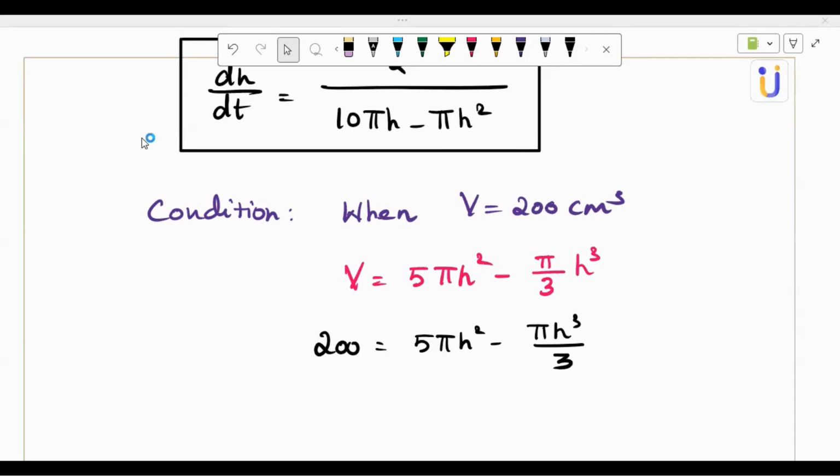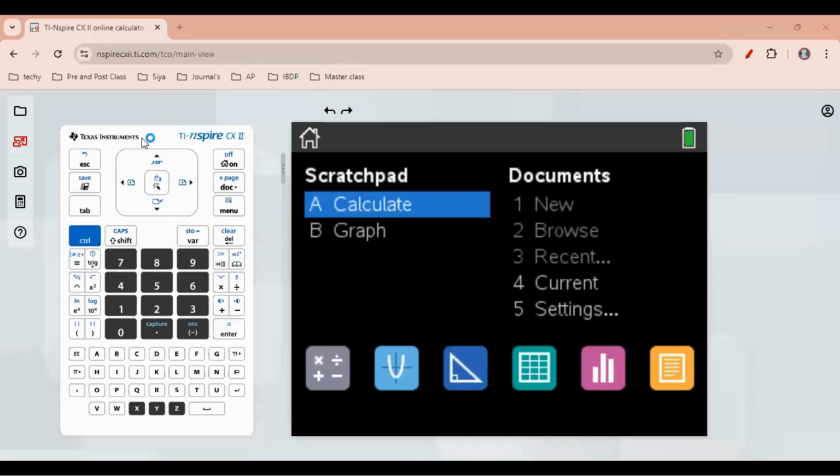We can use... numerical solve will not be the good choice. We can go with polynomial. So let's consider this a polynomial, and polynomial root will be the polynomial equation solution, right? Let's apply that here. Okay, so go for calculate.